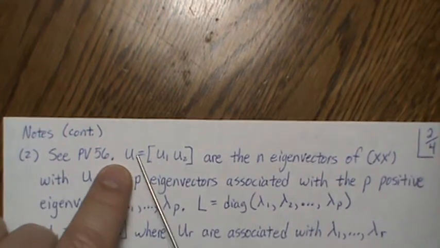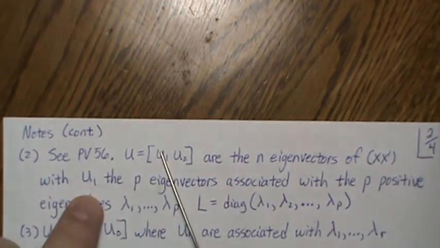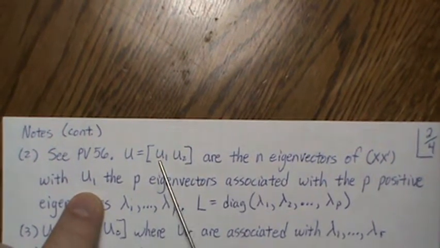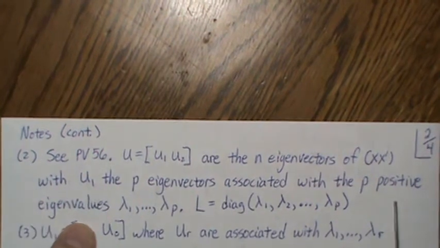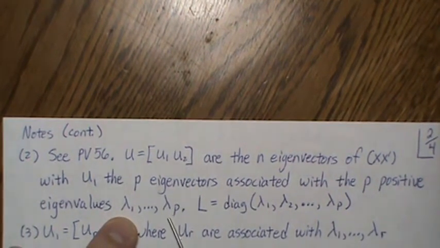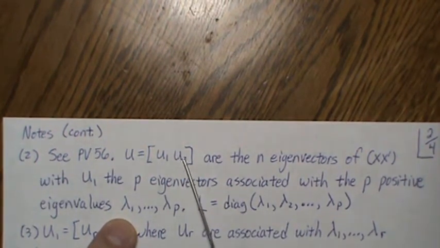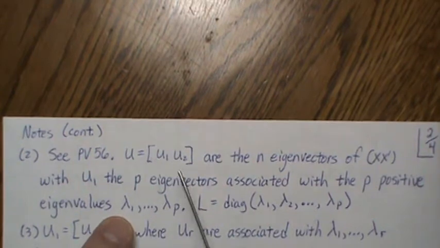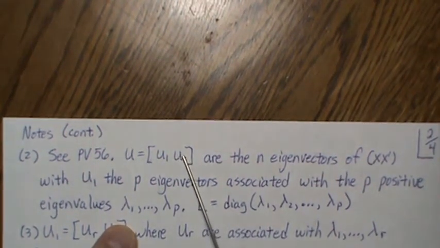So this is an n by n matrix, and U1 contains the p eigenvectors associated with the positive eigenvalues lambda 1 through lambda p. And U2 contains the rest of the eigenvectors, which are associated with the eigenvalue 0.